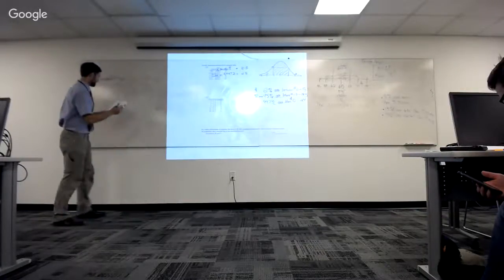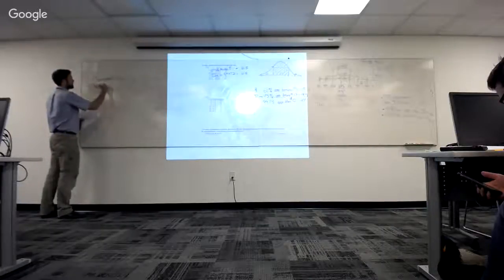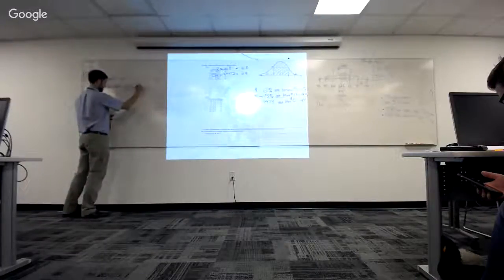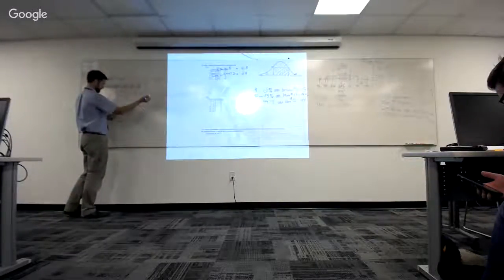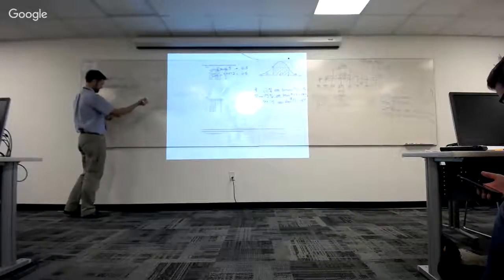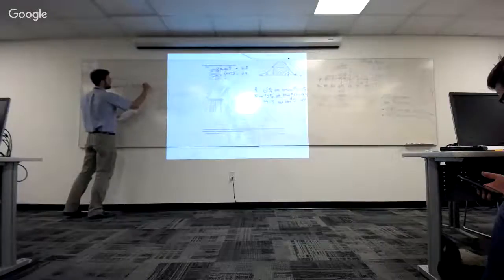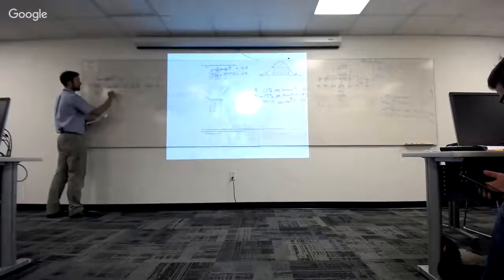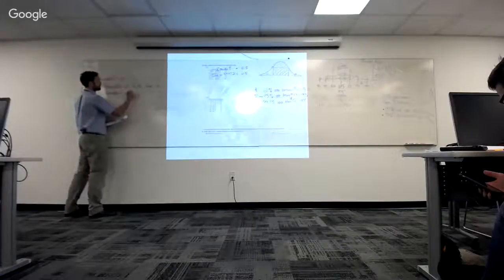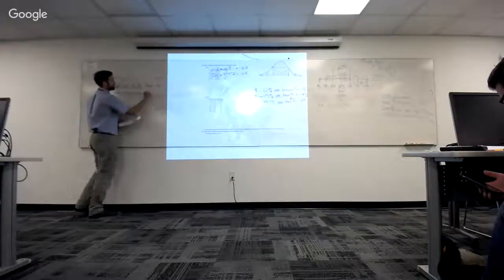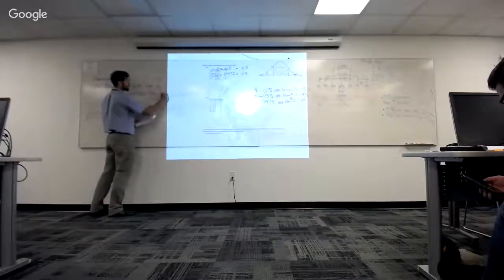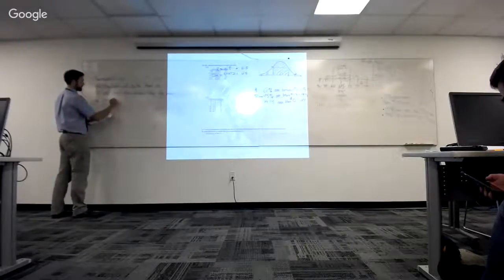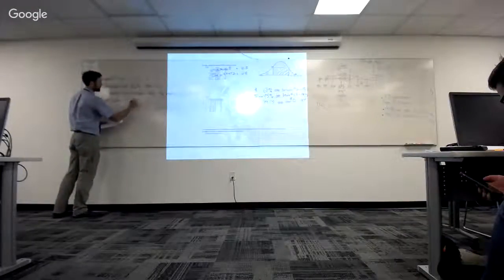So, Chebyshev's theorem: the fraction of data within K standard deviations from the mean is at least 1 minus 1 over K squared.